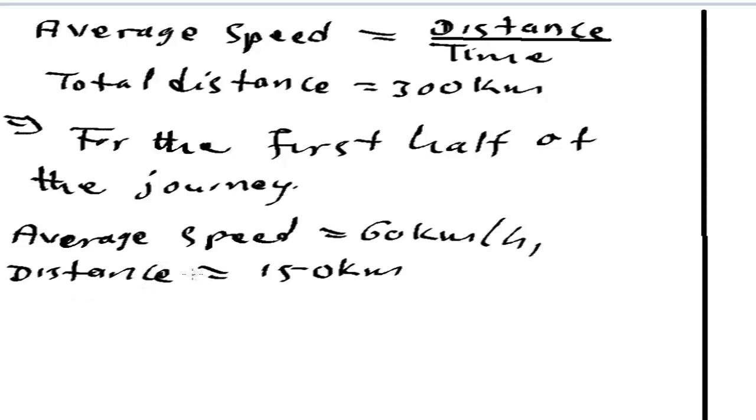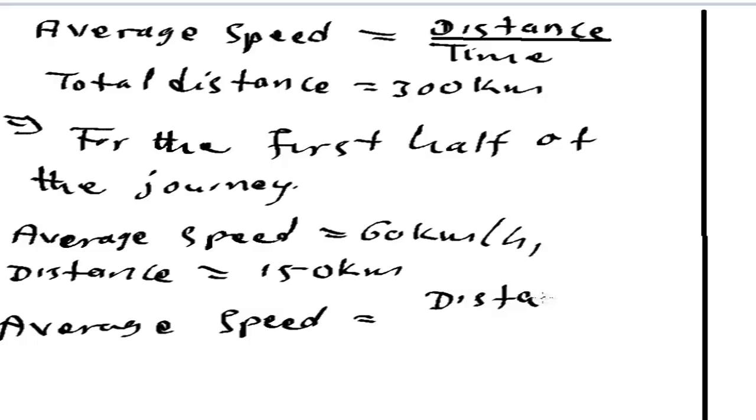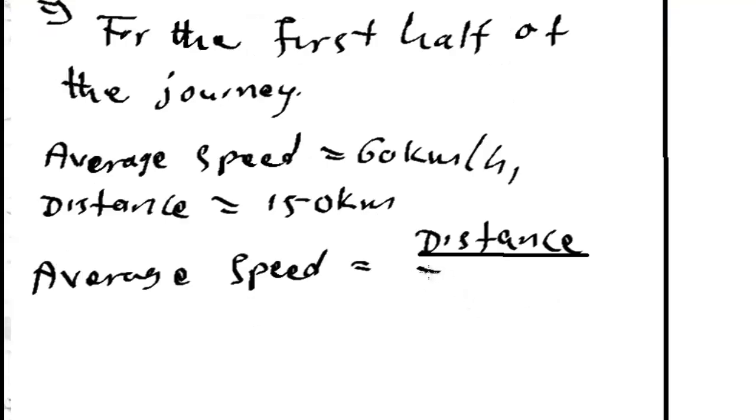Once we know average speed and we also know distance, then we can solve for the time involved, right? By using the formula: average speed is equal to distance over time. So here we proceed.